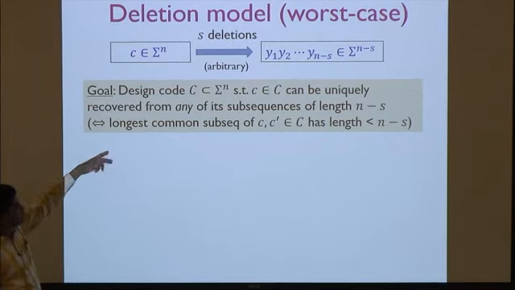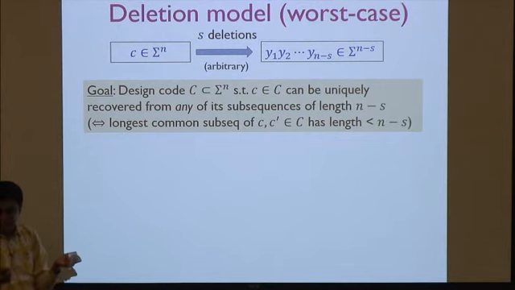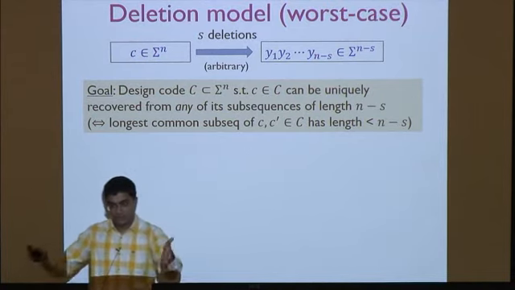Equivalently, you just want the property combinatorially that if you take two distinct code words, their longest common subsequence should have length less than n minus s. Because if they had a common subsequence of length n minus s, you could send that, you could receive that, and you don't know if you got C or C prime. Okay, so that's the property. So it's basically distance, but not in the Hamming metric, but in this Levenshtein or edit distance metric.